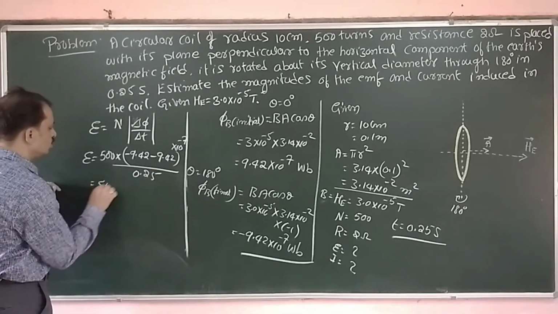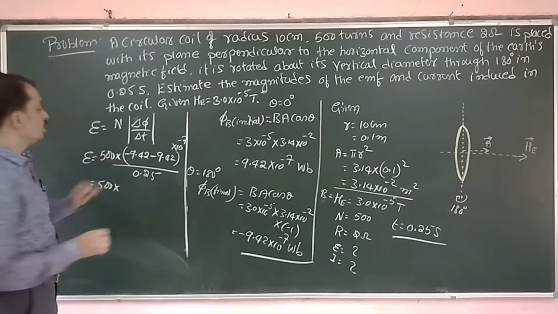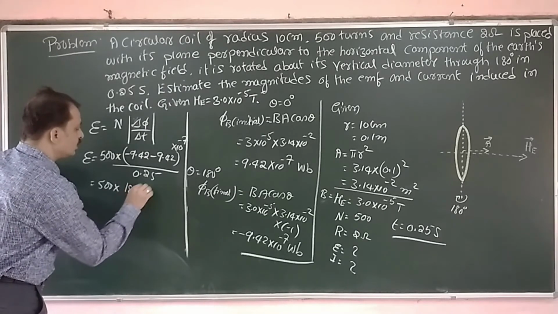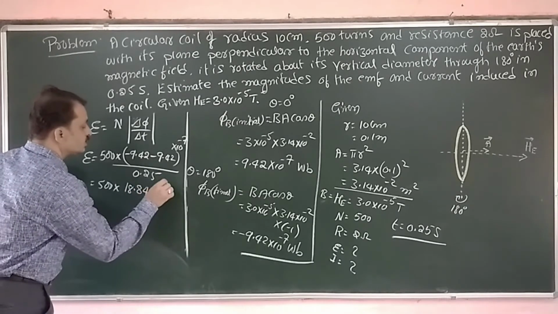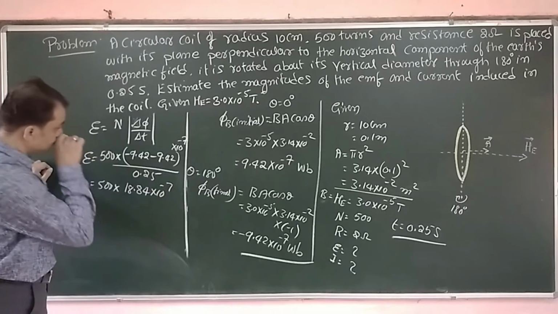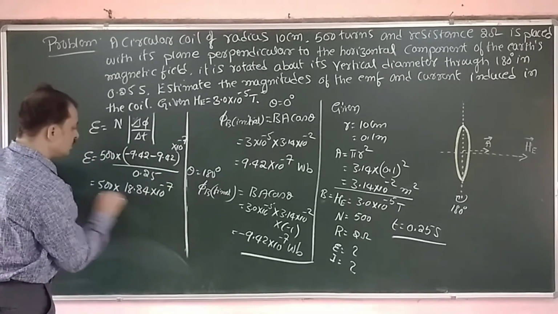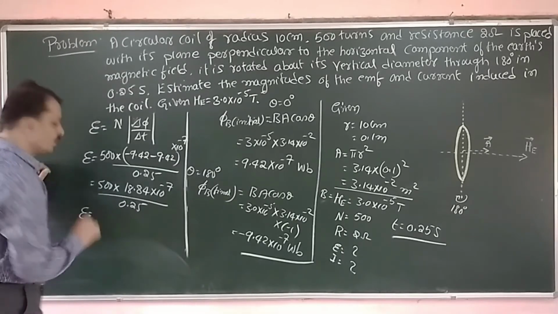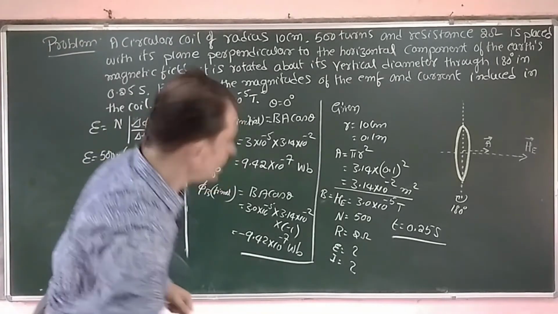Therefore it is equal to 500 into, now neglecting the minus sign, I am getting 18.84 into 10 to minus 7 divided by 0.25.